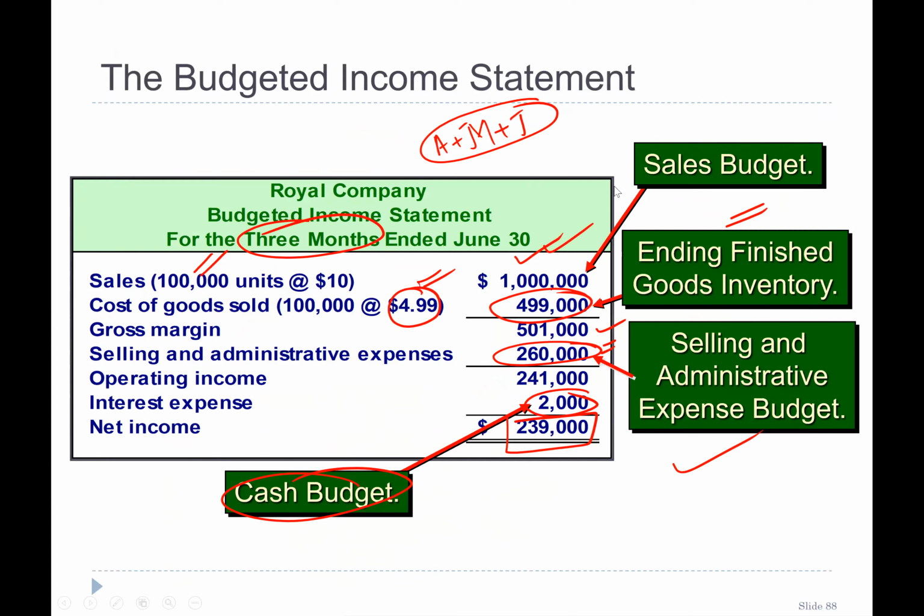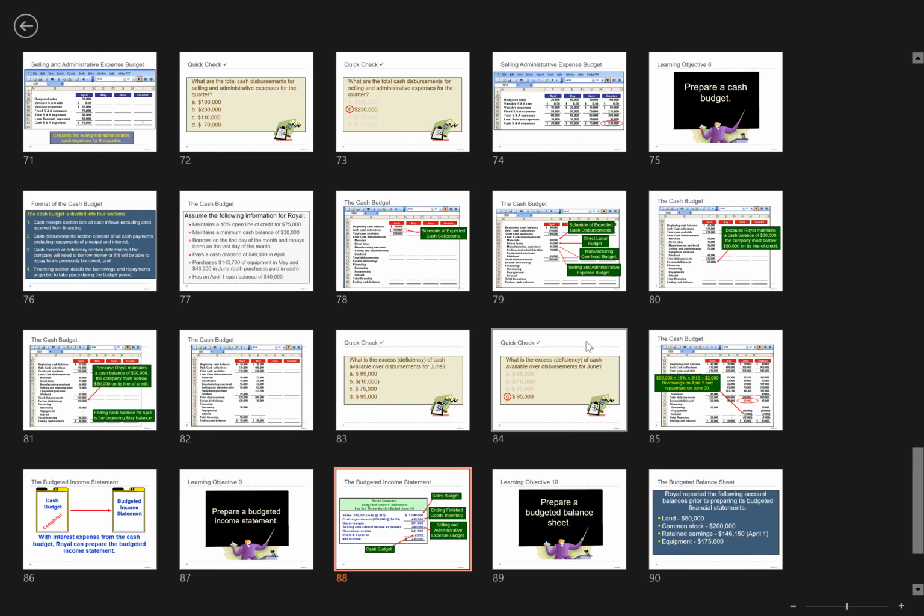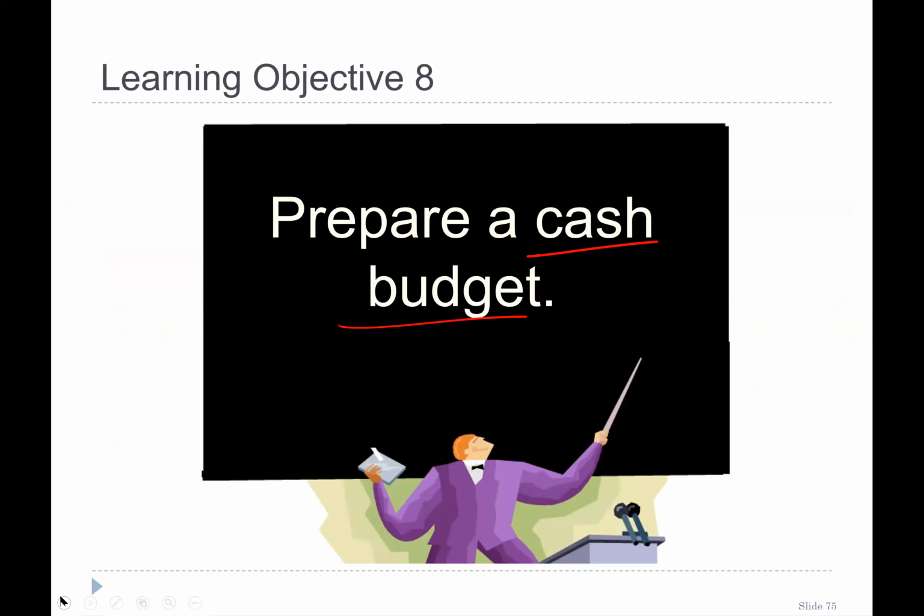So I just want to confirm one thing, the selling and administrative expense. So let's just see that. Selling and administrative expense. Here we go. So did you notice something? Oh, sorry.